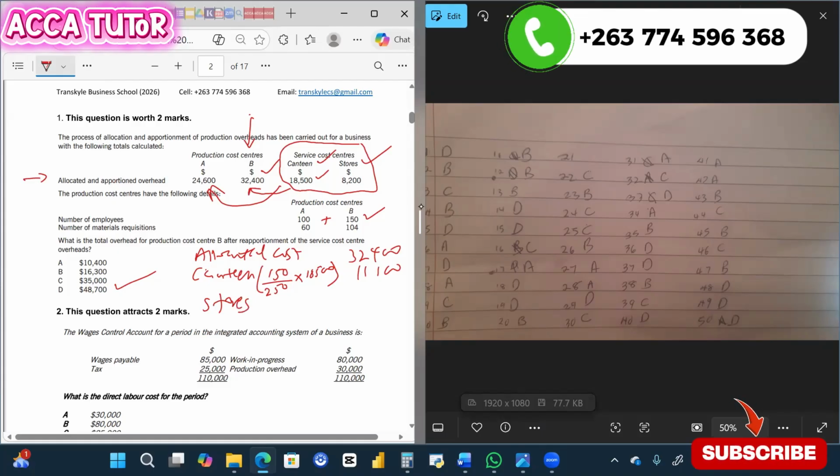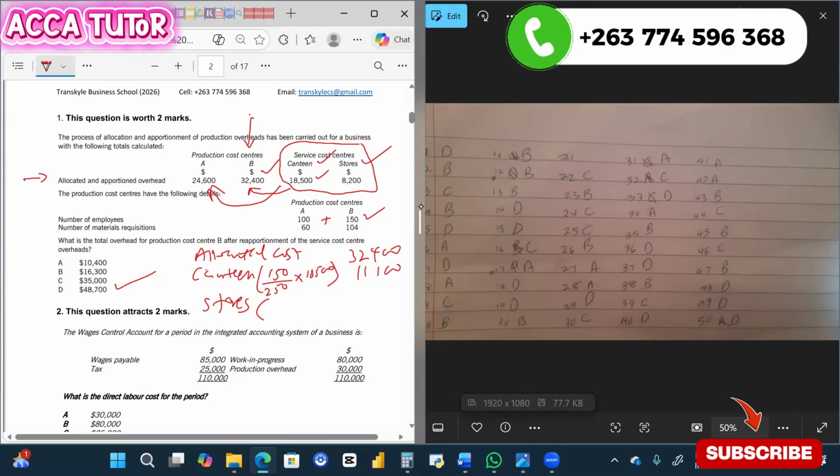The stores: we can use the number of material requisitions when requesting services from the stores department. We have to write some requisitions, so the number of those requisitions can be used as the basis of apportioning the stores center costs. We just do the same.